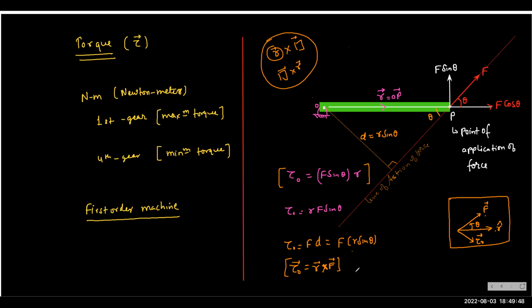They have only a sense of direction. So the torque will not have an origin. Torque will have only the sense of direction. So the direction of torque represents the axis, the axis about which the body will eventually turn. So that's the meaning of torque.